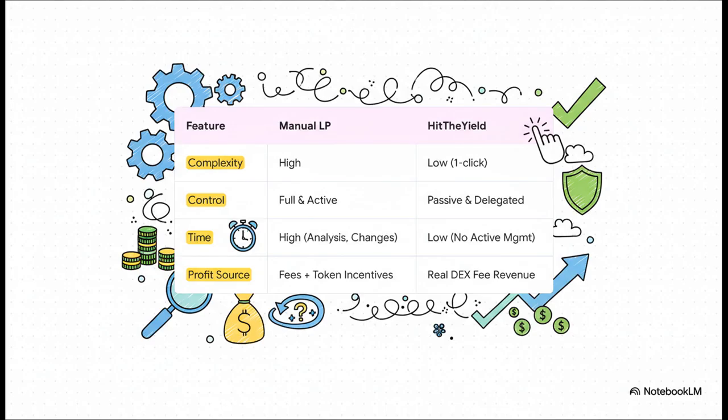Automated is passive. You're delegating that control, and that directly affects your time commitment. It's really high for manual because you're always analyzing and making changes, versus basically zero active management for the automated model. And finally, the profit source. Manual often relies on a mix of trading fees plus maybe some inflationary token incentives. The automated model we're looking at focuses purely on real revenue from those DEX fees.